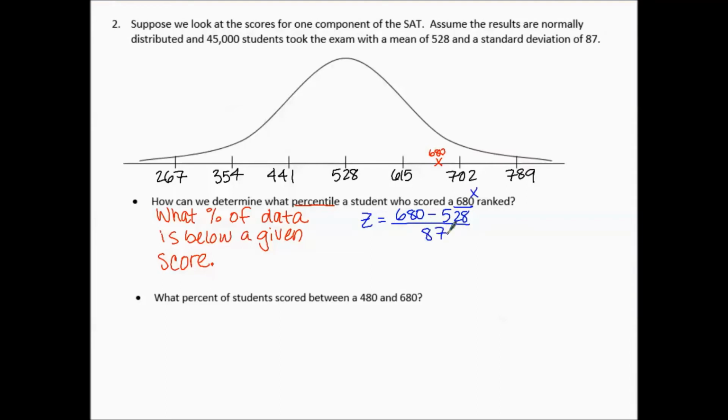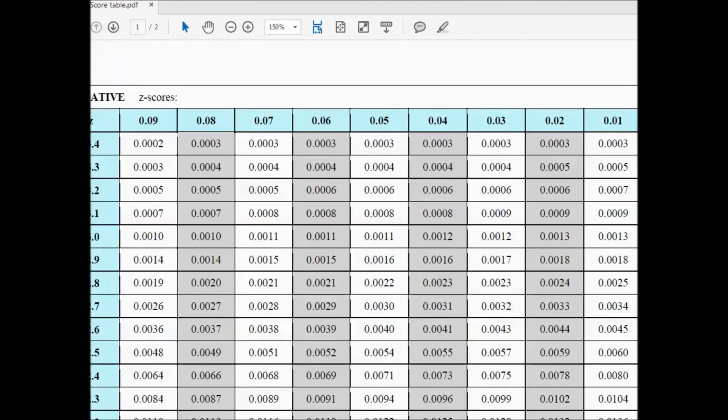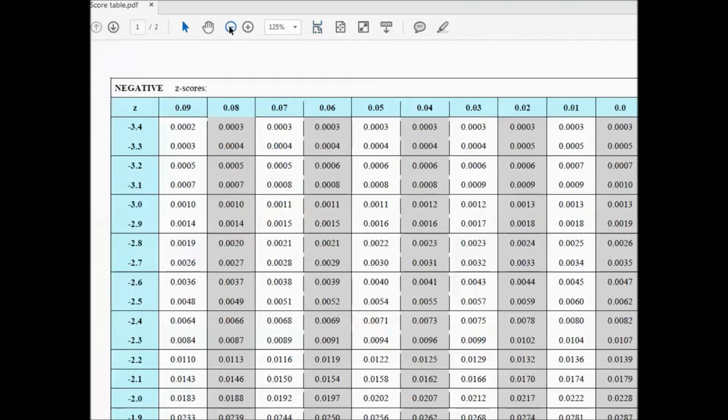And if you type this in your calculator, you get that the z-score is 1.75. Then you're going to go to the z-score table.